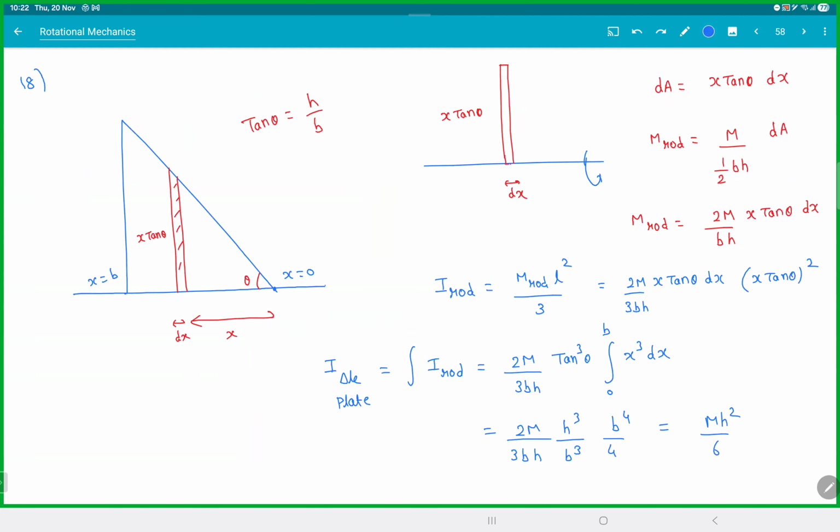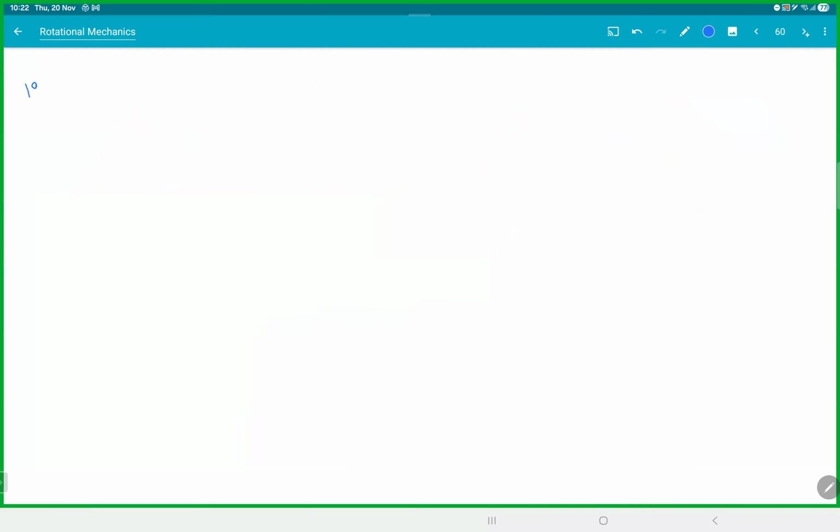Then let's do this. Let's say we have a right angled isosceles triangle.